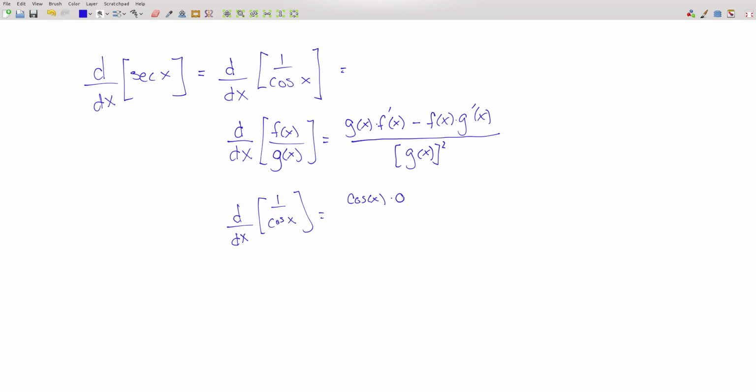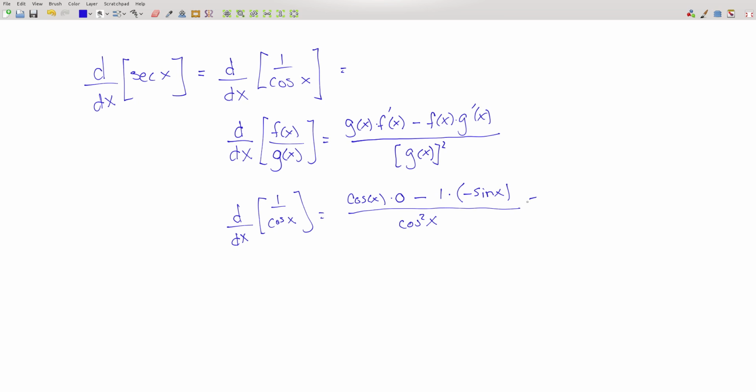So it's the cosine of x times 0 minus the top, which is 1, times the derivative of the bottom. The derivative of the cosine of x is a negative sine of x. This is the top over the cosine squared x. This is just the denominator squared, as we must do when we use the quotient rule.